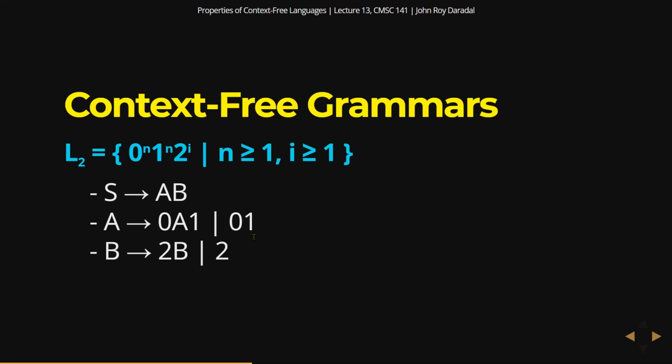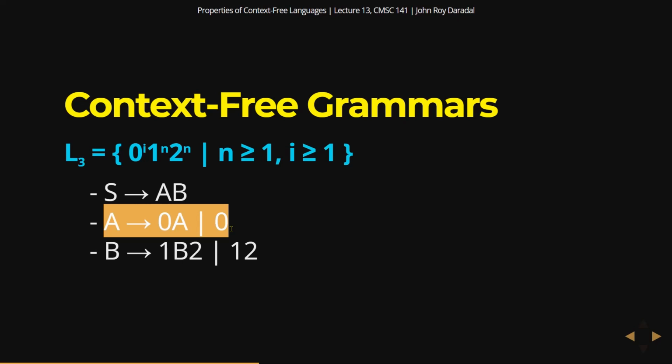Okay? For L3, it's the opposite. A is now the one that's being repeated as many times, like for 0. So 0 could be 1 or more times. So you have A is equal to 0 or 0A. So you can repeat 0 as many times as you want.